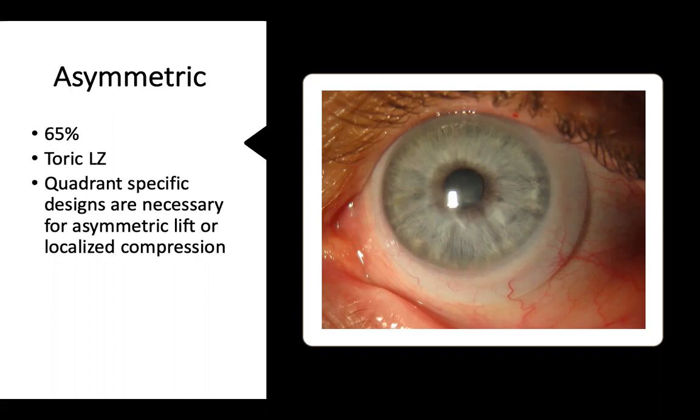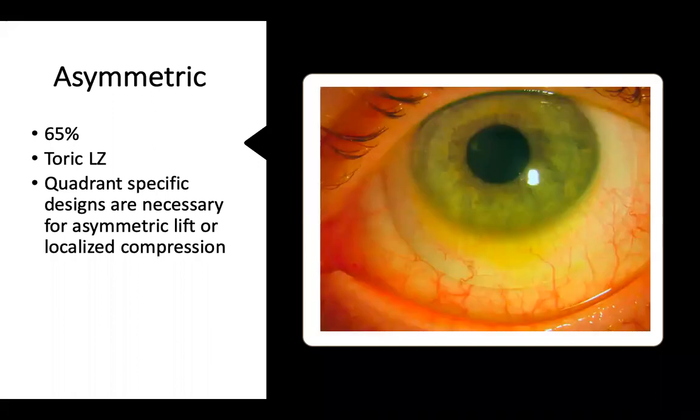However, quadrant-specific designs are necessary for asymmetric areas of edge lift. In other words, edge lift in only one quadrant, or where we have localized areas of compression in one quadrant. Sin embargo, muchas veces va a ser necesario un cuadrante específico cuando tengamos áreas localizadas, ya sea de levantamiento de borde o compresión.